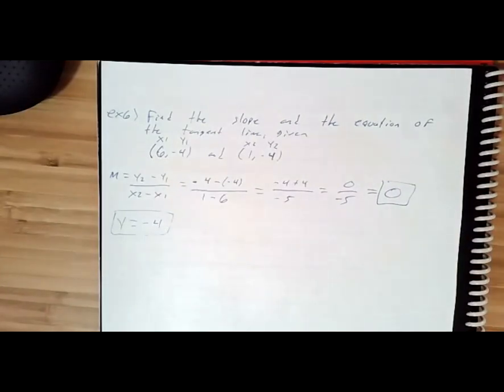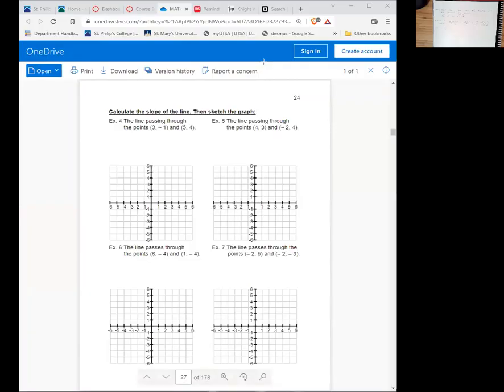But let's see it visually, like why is that? So 6, -4 is right here, right? And the other point, 1, -4, it's right there. So if you connect these two dots, clearly we're going to have a horizontal line. So there's no slope because it's horizontal.